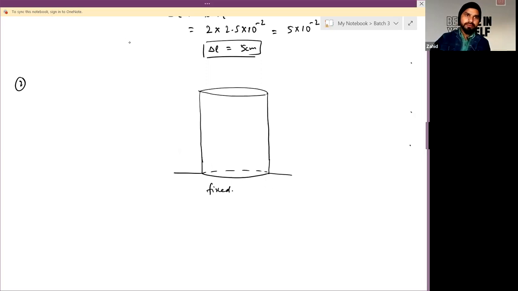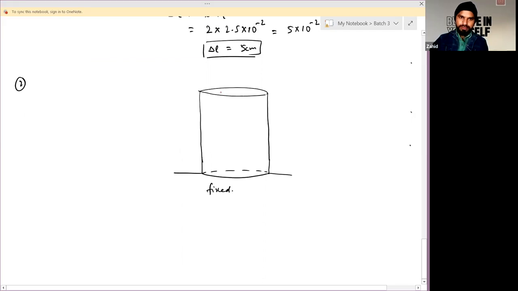Then, if we apply a tangential force to it, it will slightly bend, like this, if a tangential force is applied on it.